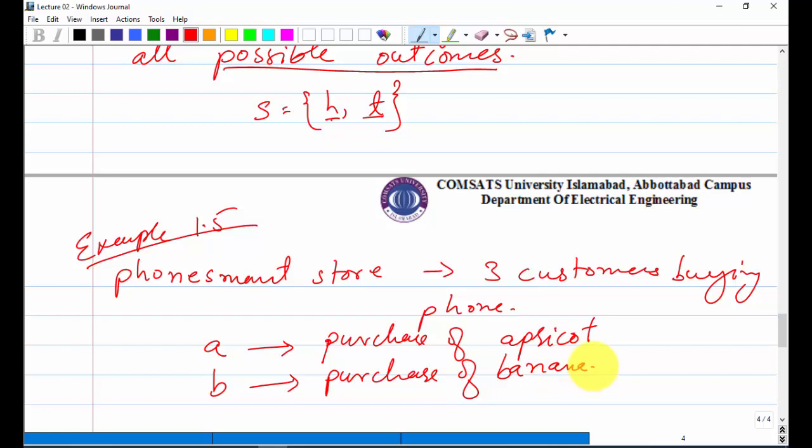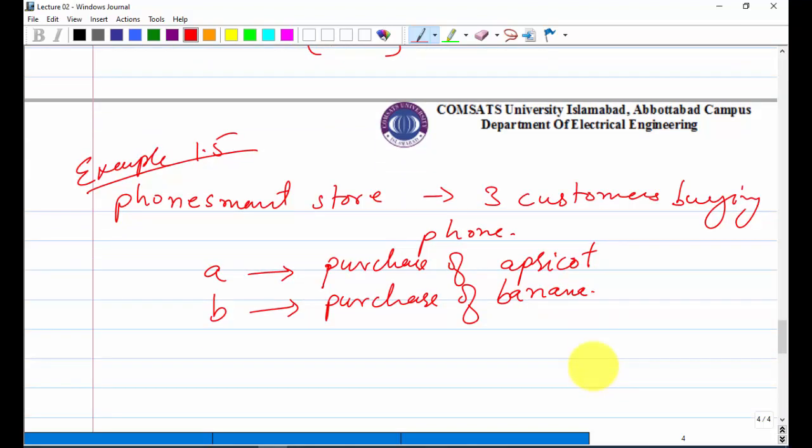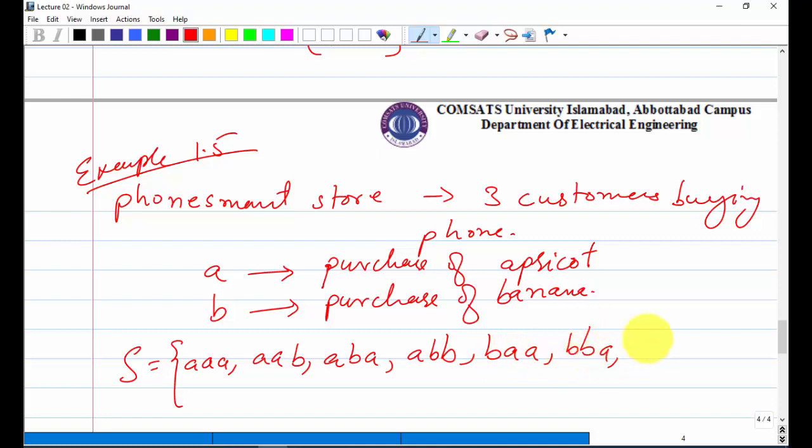Now here we are looking at the 3 customers who are buying the phone, so our sample space will be: AAA, AAB, ABA, ABB, BAA, BAB, BBA, BBB. These are all the possibilities for the 3 customers, whether they buy an apricot phone or a banana phone. All customers can buy apricot, one customer can buy banana, two customers buy apricot and 1 banana, and so on.